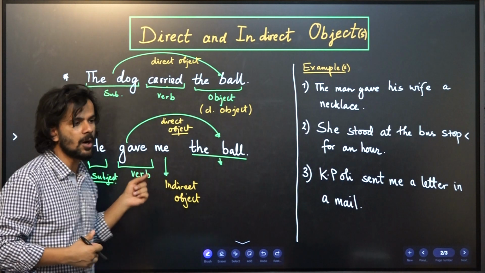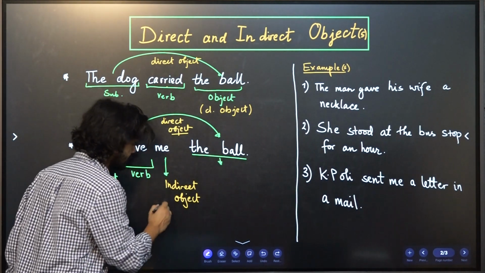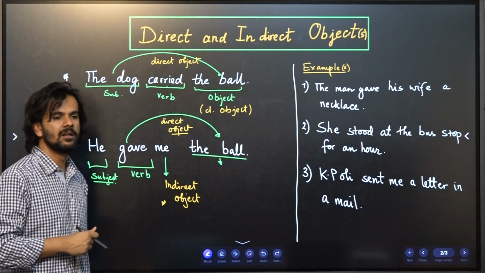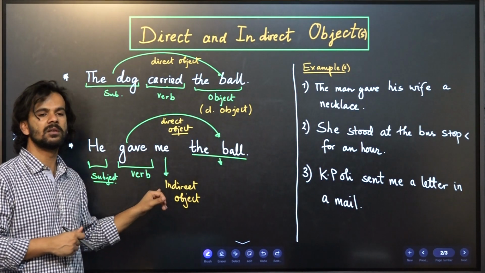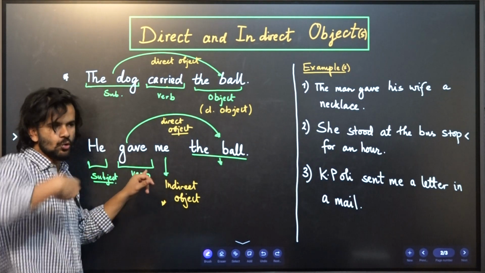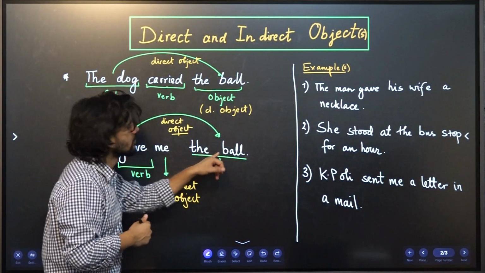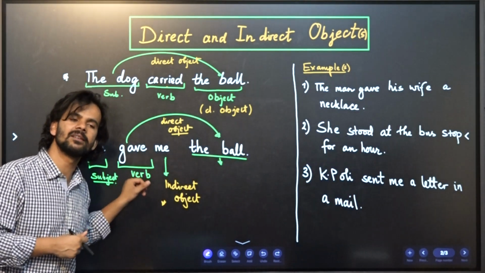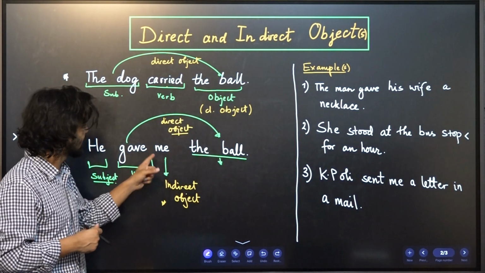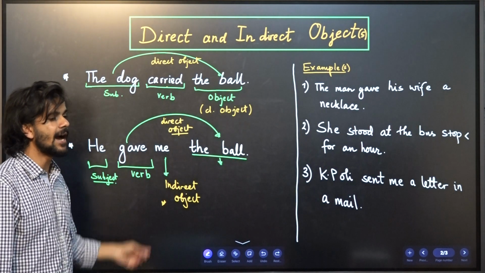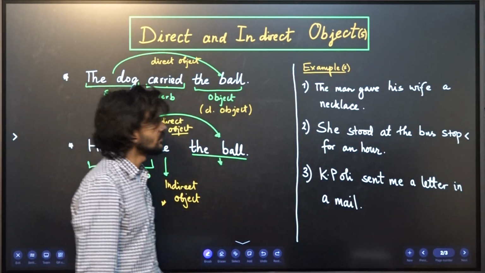So that object is called the indirect object. The work of giving does not happen on me; it comes to me. But what is he giving? The ball. That's why the ball is direct and me is indirect. I am receiving the ball, okay?